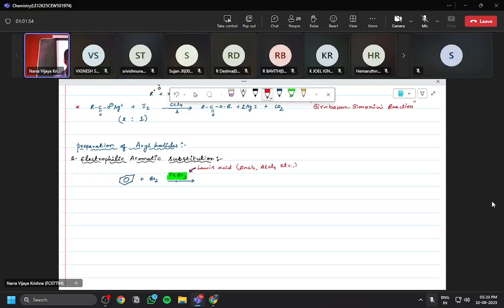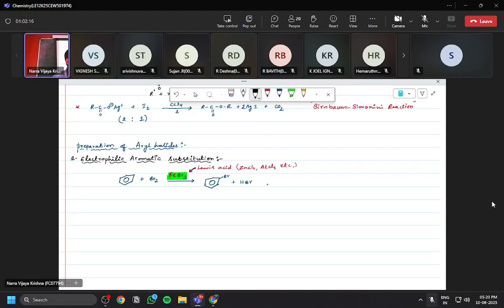Instead of that, you can use AlCl3 or ZnCl2. Or directly I can use iron also, because some amount of iron can combine with Br2 to form FeBr3. Then you will get bromobenzene plus HBr.